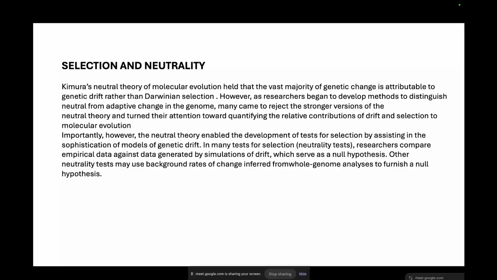Importantly, however, neutral theory enabled development of tests for selection by assisting the sophistication of models of genetic drift. In many tests of selection, we compare empirical data against data generated by simulations of drift. As I was saying, you have a probabilistic model that is your null hypothesis. Then you compare it with your actual data and see if there are statistical differences or not.